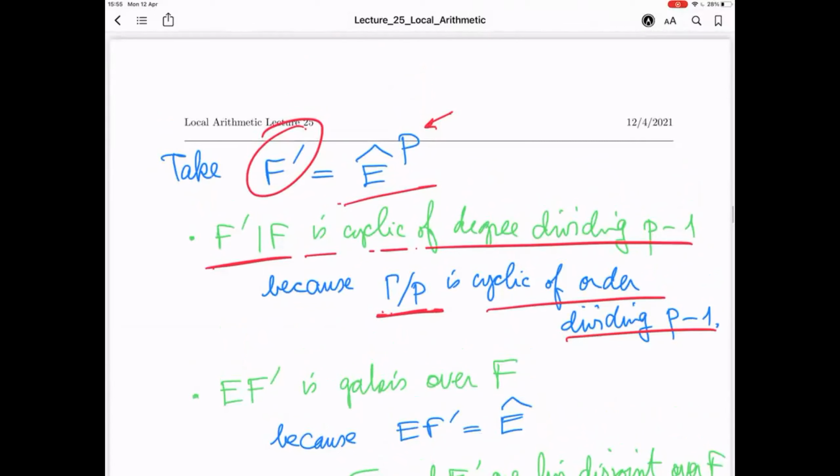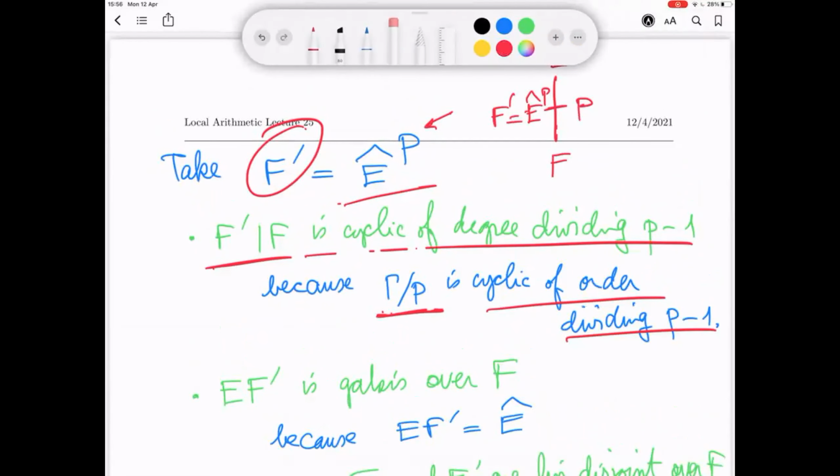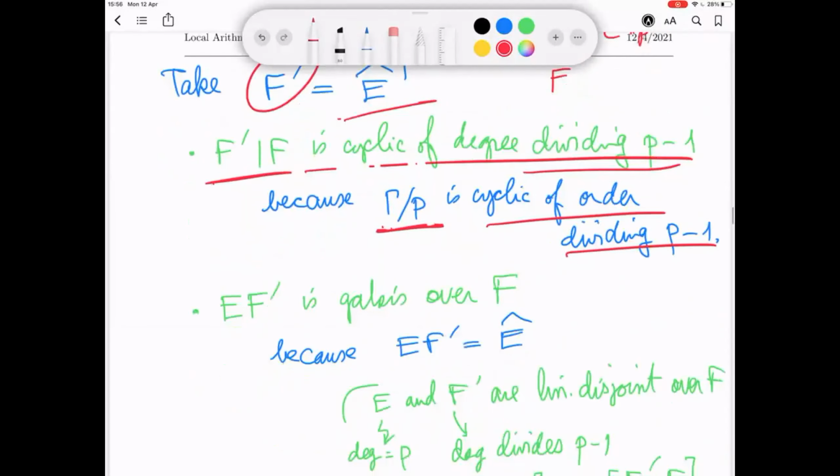If you have F, and then E hat here, and then this P, so this is going to be E hat P, and this is being called F prime. The group here is P, the group here is gamma modulo P, which is a subgroup of F_P star. And so this is cyclic of degree dividing P minus 1.